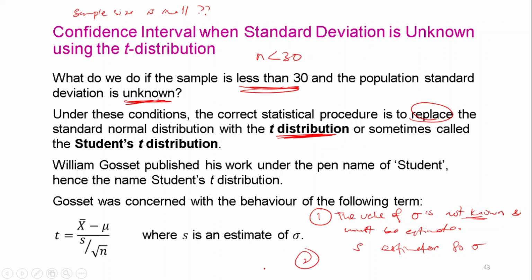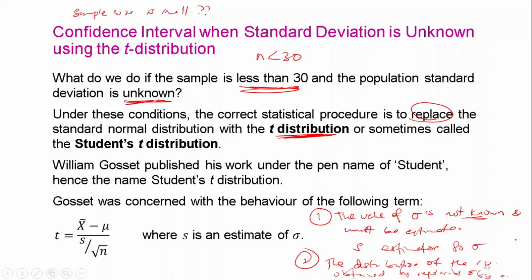The second problem is that the distribution of the random variable obtained by replacing the standard deviation by an estimator is not known.